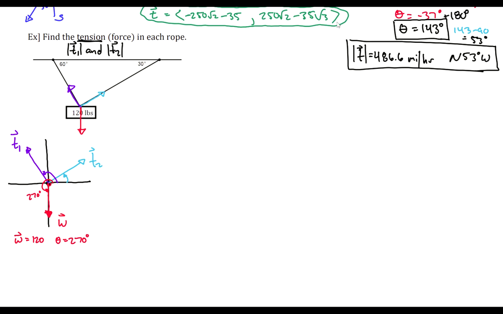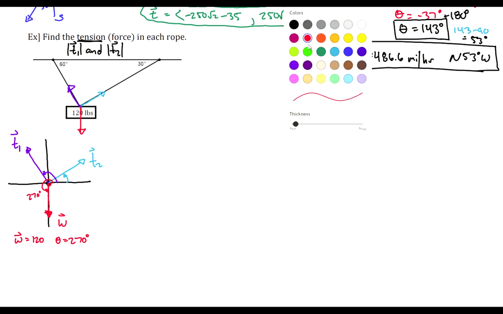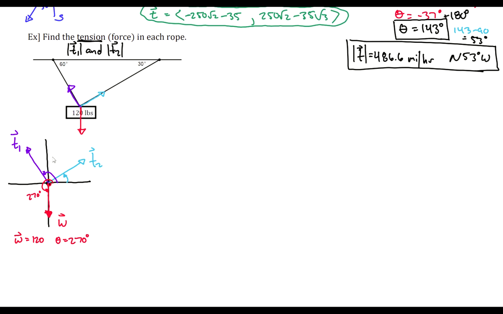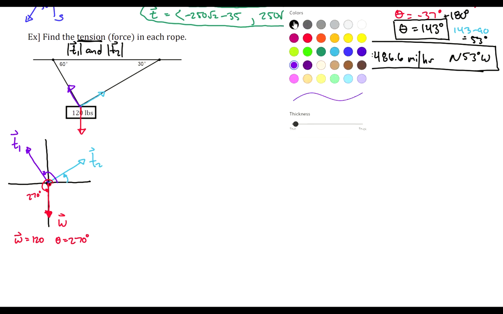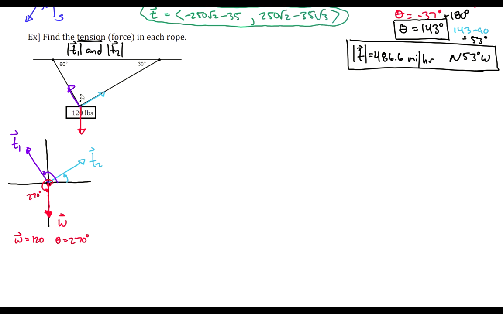Then we want to do it for our two T's, our T1 and T2. Let's figure out where to get those angles. Back to my original picture, it gave us a 60 and a 30. Let me mark it in black ink. If I make a perpendicular right there, that means I have a right triangle.